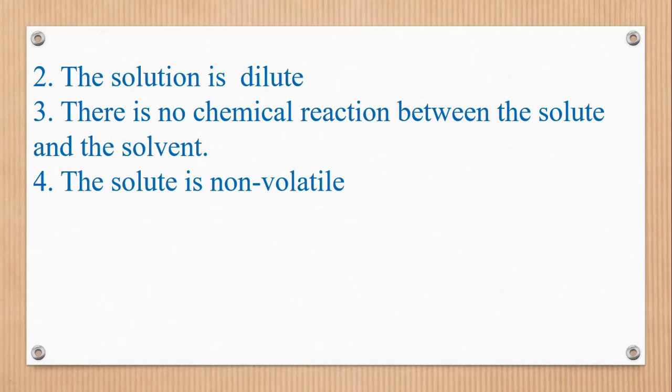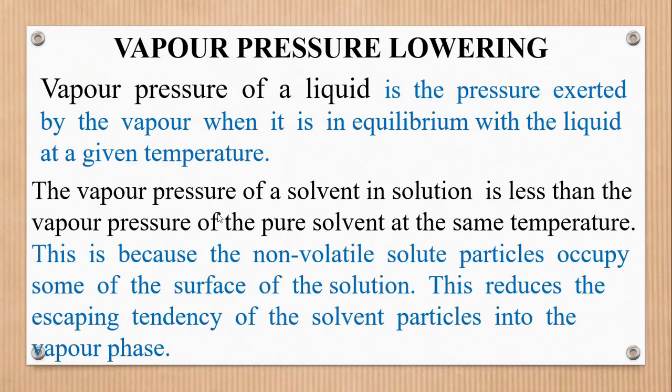And remember, when we have reactants, the reactants combine to form new compounds, which will be very different from the solute whose relative molecular mass is to be determined. Then the solute is non-volatile, so any solute whose molecular mass we are supposed to determine is supposed to be non-volatile, so it should not easily decompose on exposure to any energy. It should really be very non-volatile.